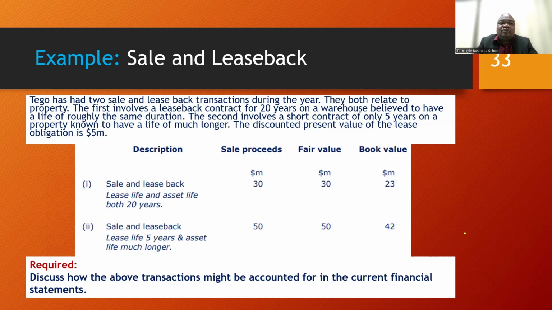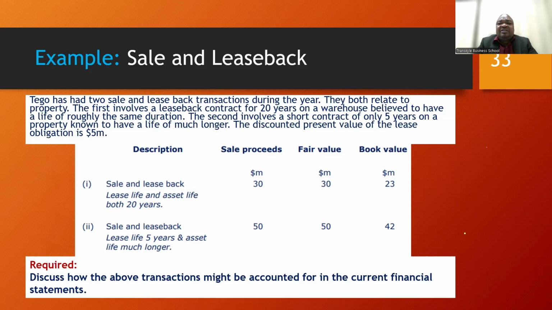They both relate to property. The first involves a leaseback contract for 20 years on a warehouse believed to have a life of roughly the same duration. So the life of the lease was also equal to the useful life of the warehouse. The second involves a short contract of only 5 years on a property known to have a life which was much longer.